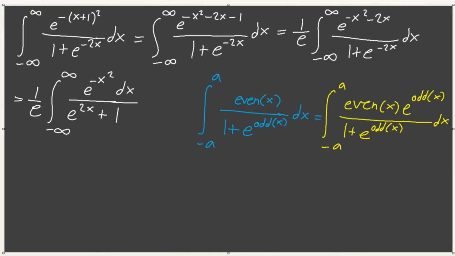And then when we add these two integrals together, we get 1 plus e to the odd over 1 plus e to the odd, they cancel out and we're just left with an even function. This has to be even, otherwise if it was odd then we would have a negative, and that screws everything up. Then we'll get something like 1 minus e to the odd of x when we add the two integrals together. So that's why it's crucial that this function be even.